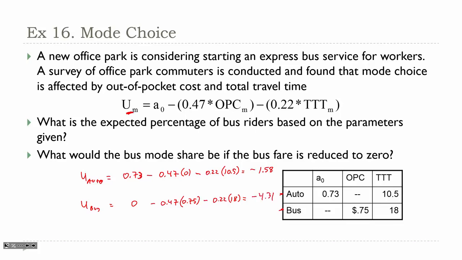Generally, if you have multiple options, the highest number is going to get the largest share, so it's going to be the preferable one. So we already know that the auto is going to have the highest share, but to calculate the actual percentage, this would be e to the negative 1.58 over e to the negative 1.58 plus e to the negative 4.31.